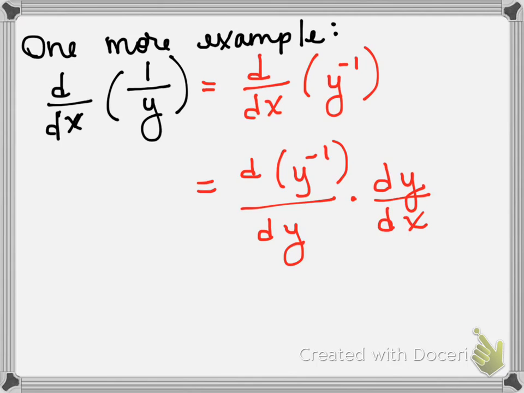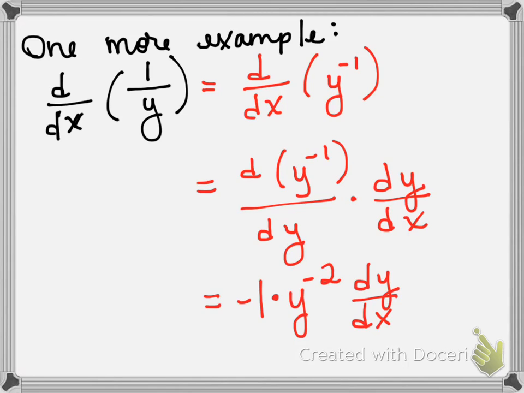So if we take the derivative with respect to y, we use our normal power rule, negative 1 times y to the negative 1, and then we multiply by dy dx.